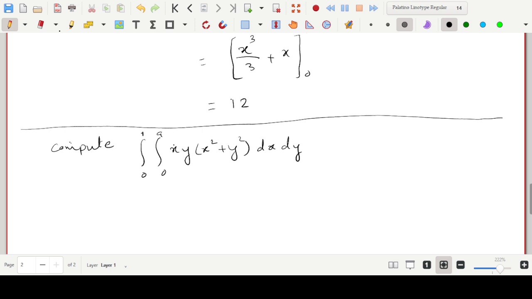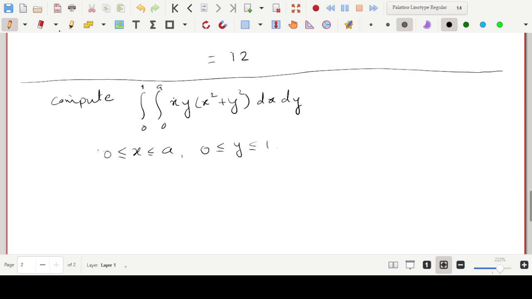It's always good to write these limits as inequalities. That sometimes makes certain things clear. So here x is varying between 0 and a, so 0 less than or equal to x less than or equal to a, and 0 less than or equal to y less than or equal to 1.